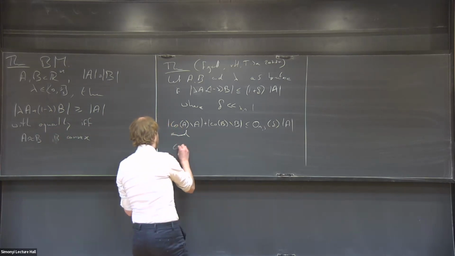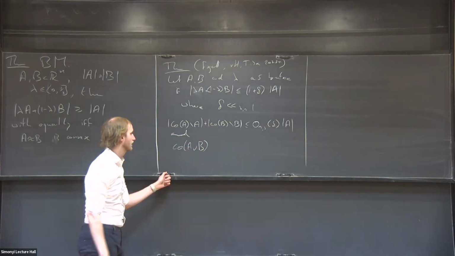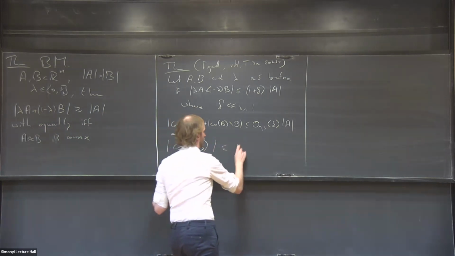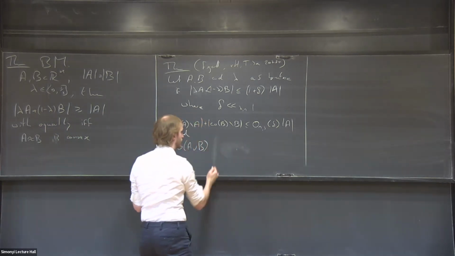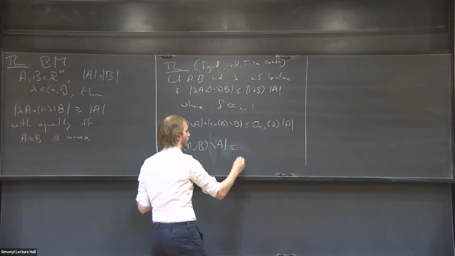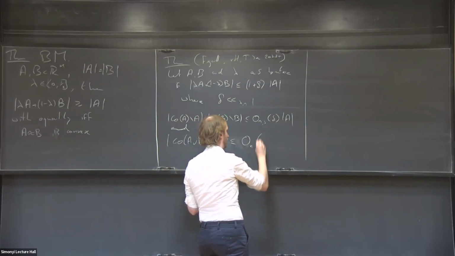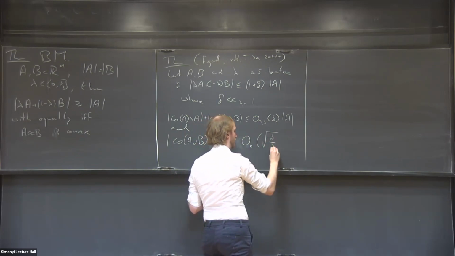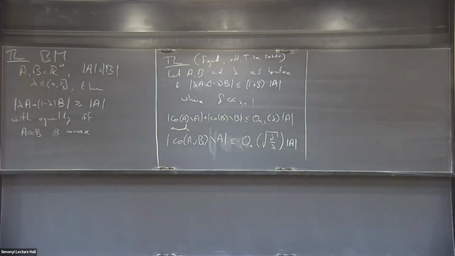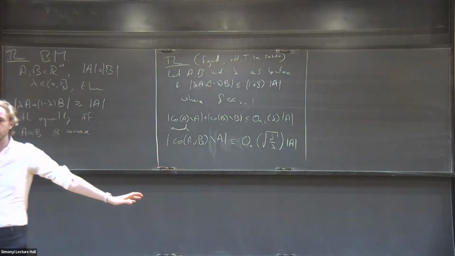All right, and what was the other result? The other result was that the convex hull of the union of the two, actually, let me write it in the same way, is at most square root of delta over the... Now notice that this is a little bit too strong because everything is translation invariant.